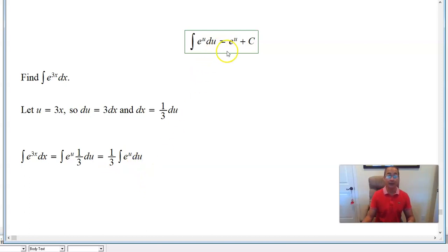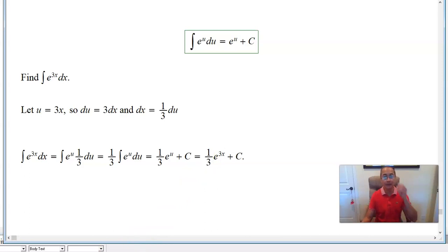And we can apply now our antiderivative formula. So we keep the 1/3, and we have e to the u plus c. Did I really need the parentheses? Maybe not. So we can bring back, who is u again? U is 3x, plus c. There you go. That's not a very difficult integral.